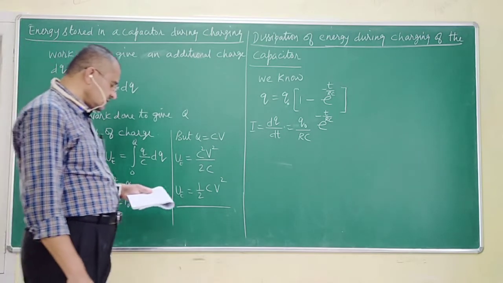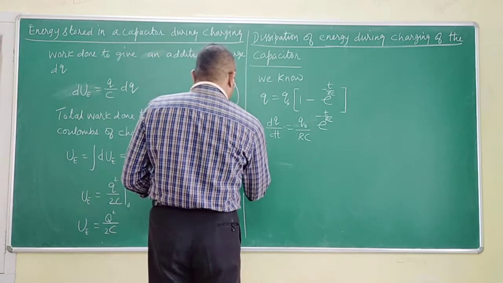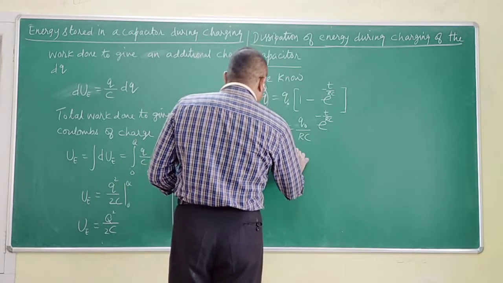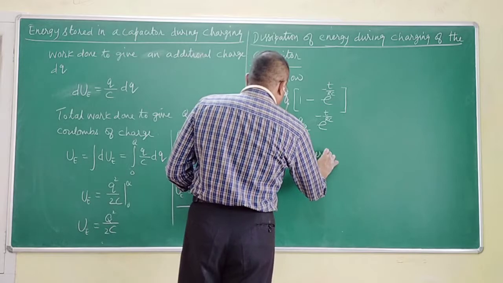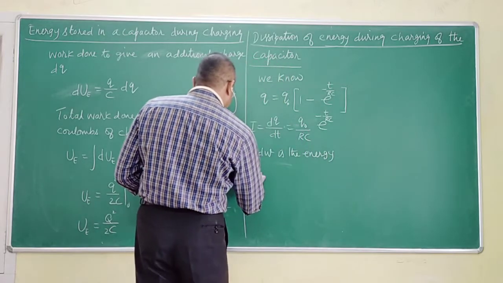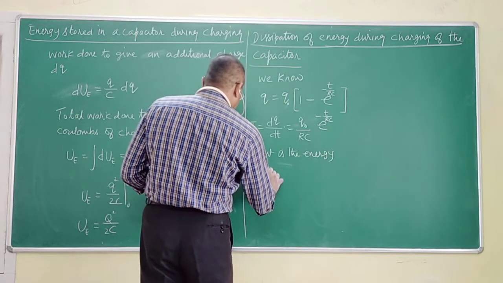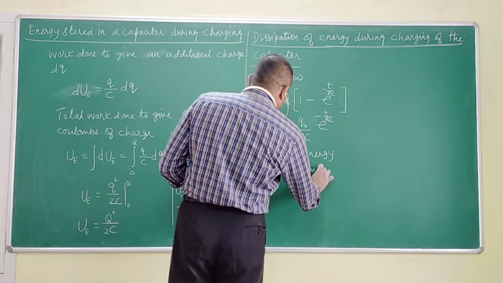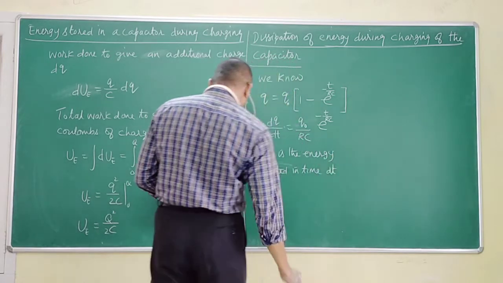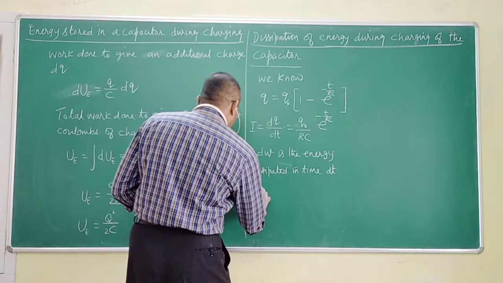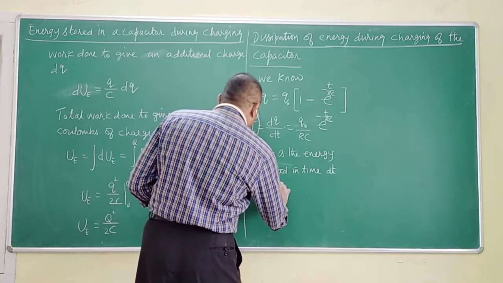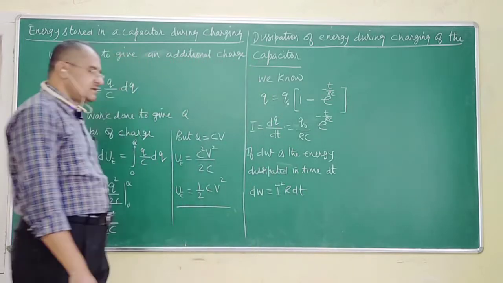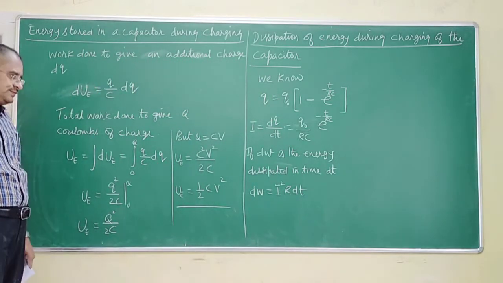Now, if dW is the energy dissipated in time dt, then I will write dW is equal to I squared R into dt. Joule's law.